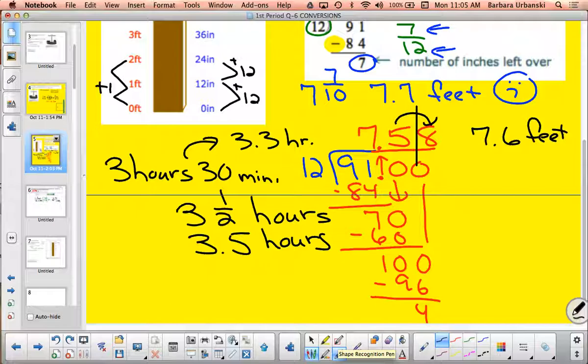They would not do that because they do know that 1/2 hour is 0.5. So we have to be careful when we are looking at a decimal equivalent that we just don't throw that number past the decimal point. Real easy mistake to make, but we just have to make sure that we continue our division. And that's it.